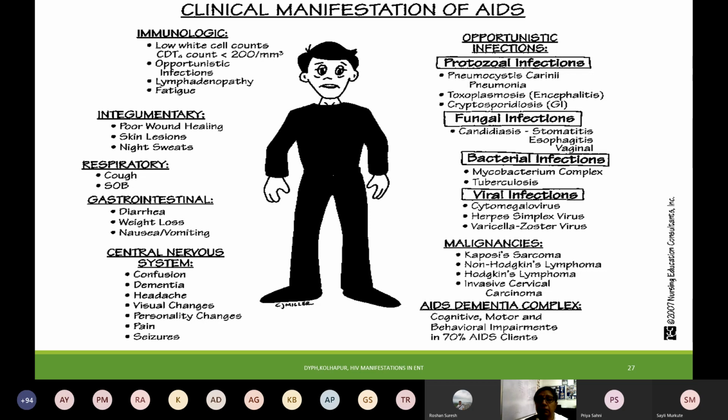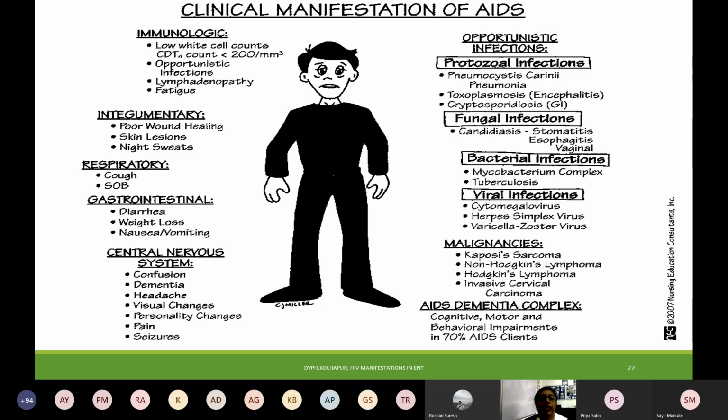You have to be very careful, as that gives us a clue. If it is less than 200 cells, the patient is more vulnerable, and may have opportunistic infections, lymphadenopathy, fever, and fatigue.